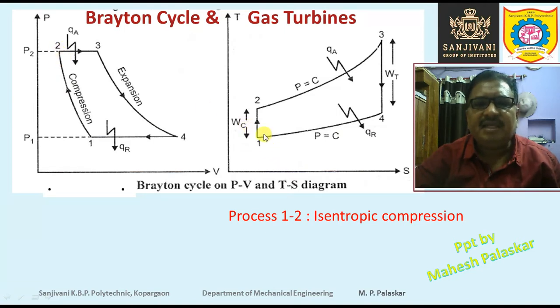If you look at the TS diagram, you can see that the entropy remains constant because the 1-2 line is vertical. So the temperature increases but the entropy remains constant because the entropy S is plotted on the x-axis. So the process 1-2 is isentropic compression.